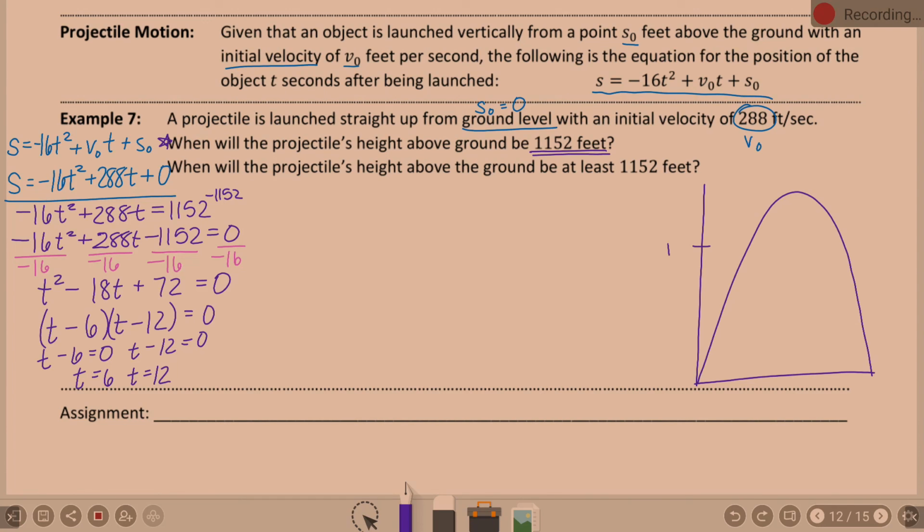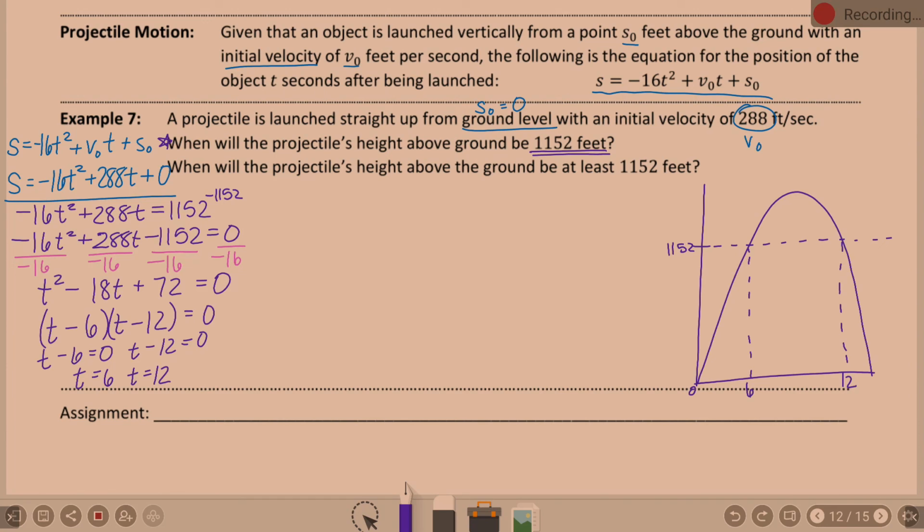Here's our 1,152, right? So your item that is launched, what happens? It hits it 2 times. So what's happening here is at 6 seconds and 12 seconds, that's when my object hits that height.